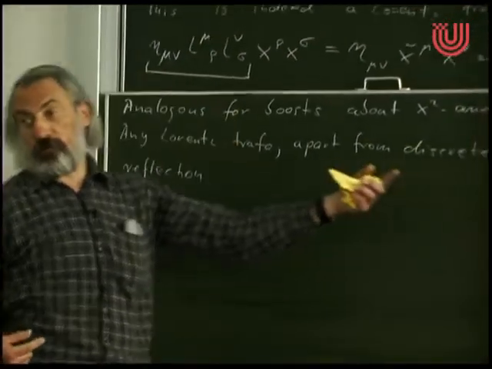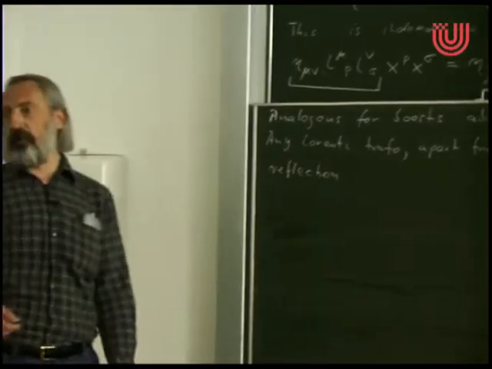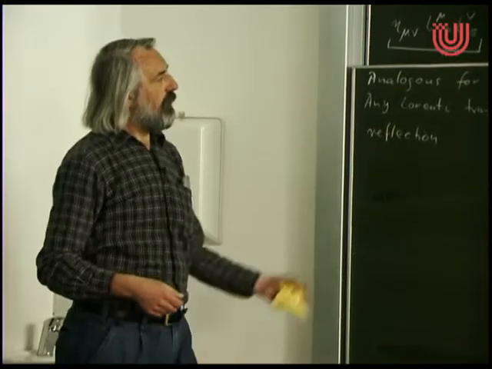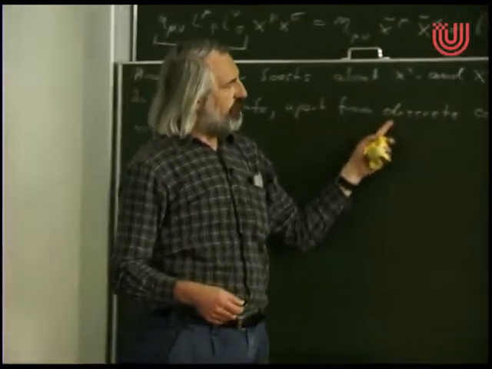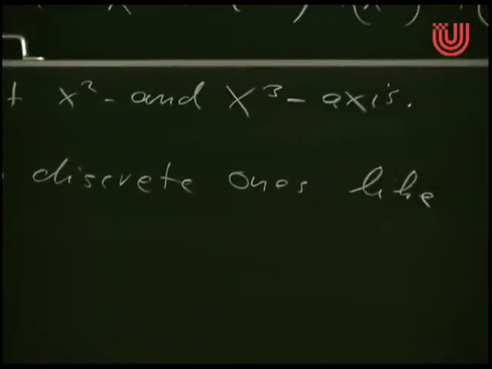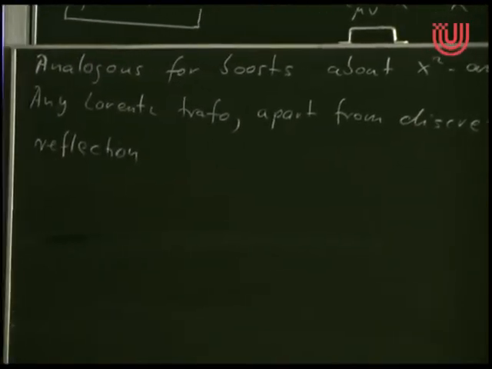That would also be a Lorentz transformation. But that's something which cannot be continuously generated out of the identity with the help of continuous parameters. That's why it's called a discrete transformation. So if I leave out these discrete transformations like reflections, then the claim is true that any Lorentz transformation is a combination of boost and rotation.